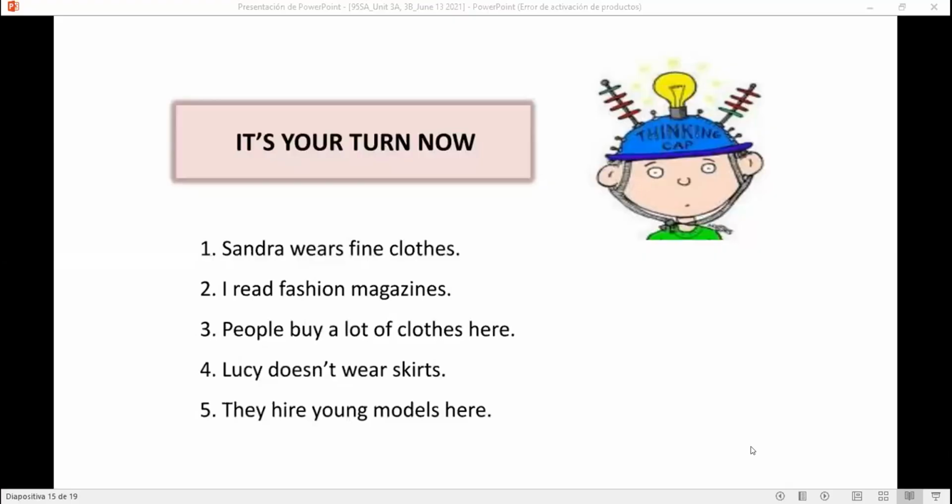Vamos a hacer estas que tenemos aquí. We have 5 sentences. How would it be o cómo nos quedaría la primera oración en passive voice? Sandra wears fine clothes. ¿Cómo nos quedaría si le transformamos esta a voz pasiva?